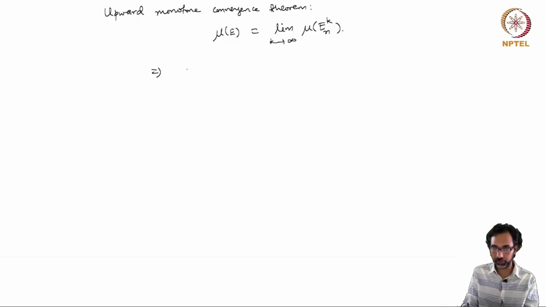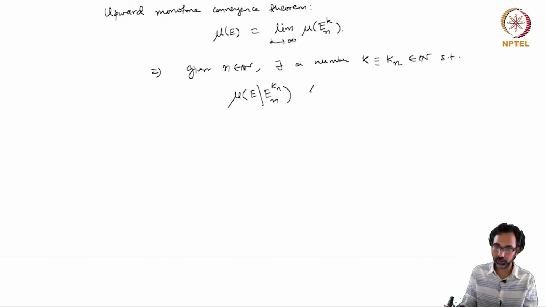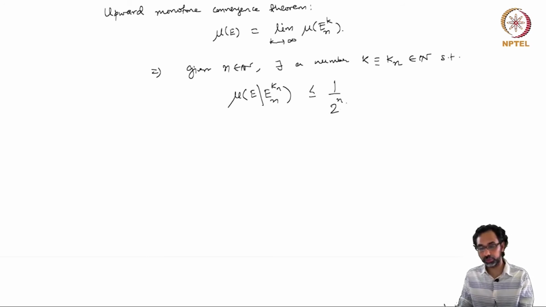This implies that given epsilon greater than 0, there exists a number k, which I will write as k_n, belonging to the natural numbers, such that given n a natural number, there exists a number k_n such that the measure of the set E minus E_{n,k_n} is less than or equal to 1 over 2 to the power n.